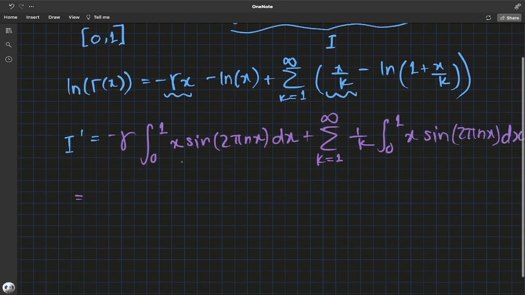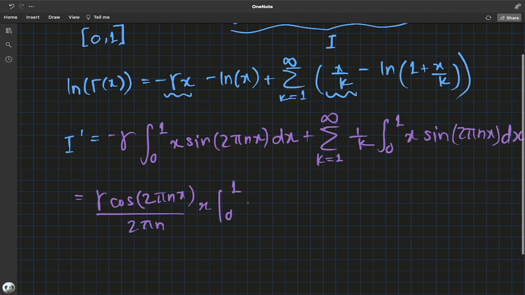For the first one, it's simple integration by parts, nothing too fancy here. We integrate out the sine to get a negative cosine. That wipes out the negative up front, divided by 2 pi n. Don't forget to reverse the chain rule as well, from 0 to 1. Minus Euler-Mascheroni over 2n pi.